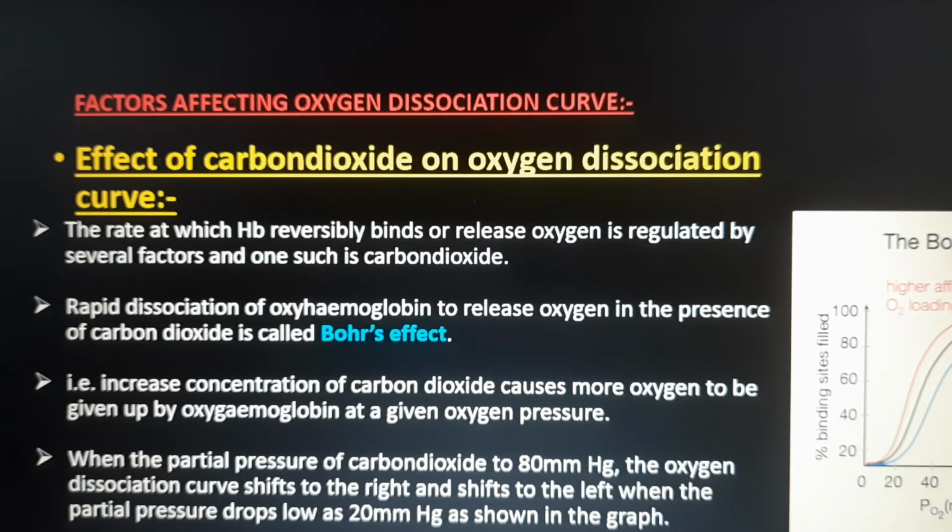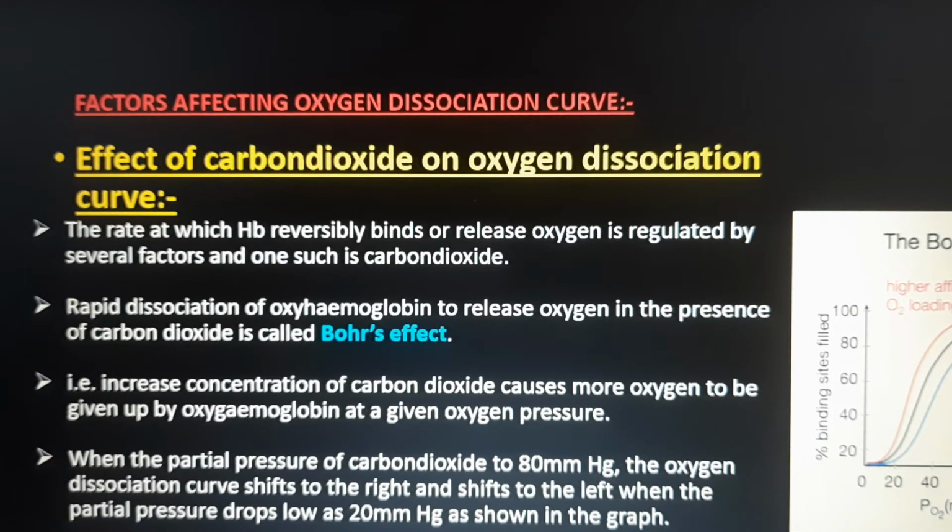Rapid dissociation of oxyhemoglobin to release oxygen in the presence of carbon dioxide is called Bohr's effect. That is, increased concentration of carbon dioxide causes more oxygen to be given up by oxyhemoglobin at a given oxygen pressure.